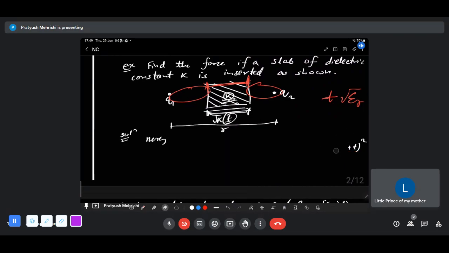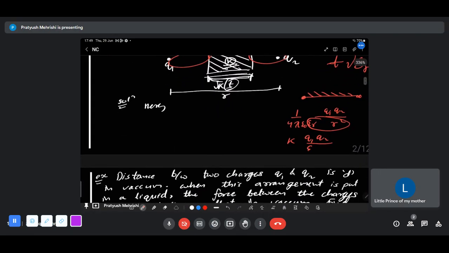Now we studied that whenever a slab is inserted between the two charges, its effective distance increases. If two charges are these and I am inserting a slab, then the force between them will become 1 upon 4 pi epsilon naught epsilon r q1 q2 by r square. This we wrote like this, then it will be k q1 q2 upon epsilon r under root into r whole square.